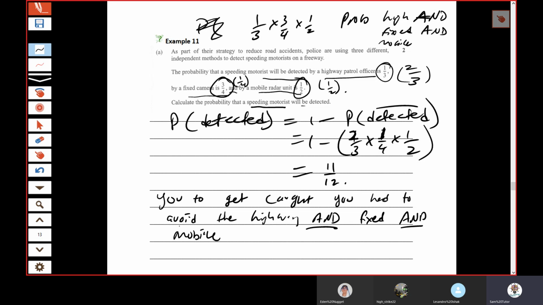So you had to avoid the highway, which is 2/3, and you had to avoid this guy, which is a quarter, and you have to avoid this, which is a half. And that's how the math of this is working. Really interesting. If you had an exam book for your topics, that would be one thing I would put in probability, because that's a really interesting question.